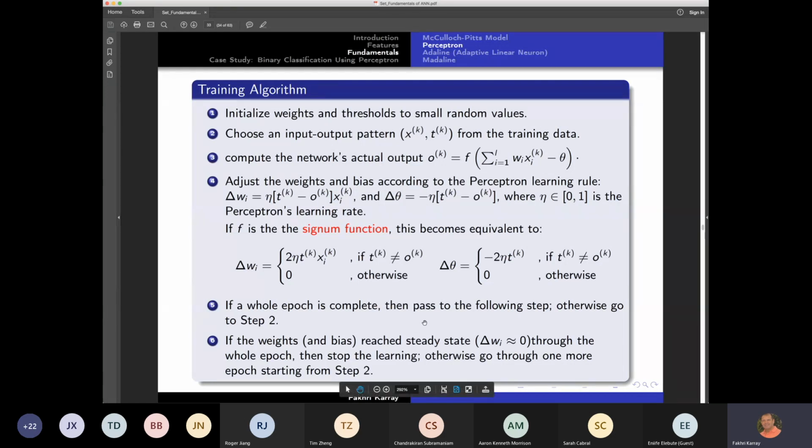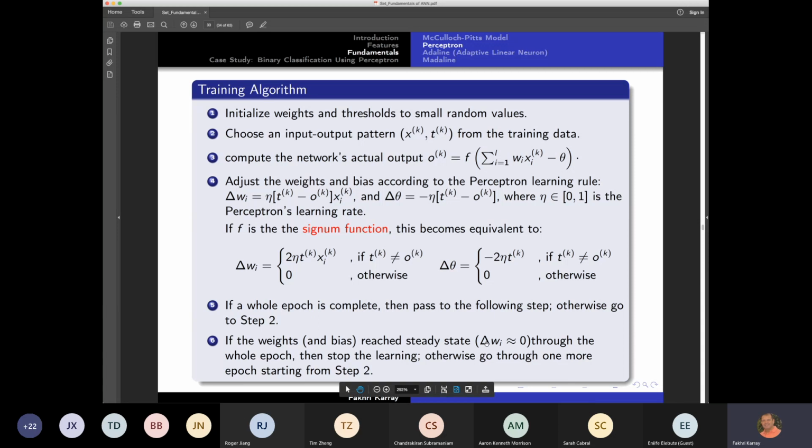If after we train on all these patterns, the system has delivered at the end of the day a value of delta omega i equal to 0 and delta theta equal to 0, then we say that the system has been trained, and the final values of the omega i's that we have updated are going to be utilized as the separating values of the system.